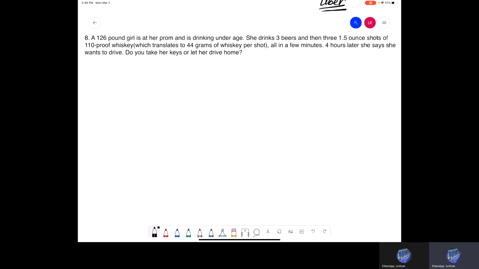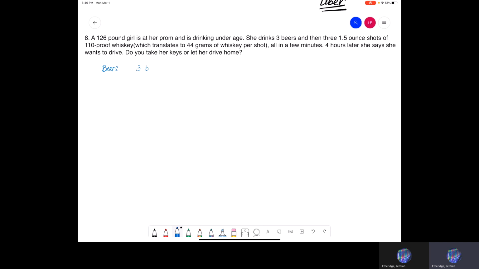So first thing is we want to know the mass of alcohol that went into her body from beers alone. So just from beers, she had 3 beers. Remember, beers are going to be a standard beer unless I tell you otherwise. So each standard drink has 14 grams of alcohol in it.